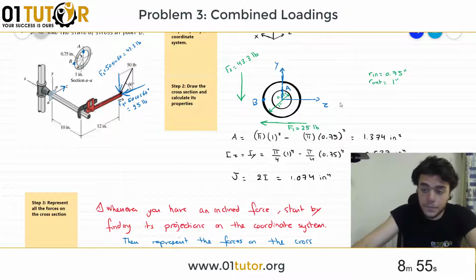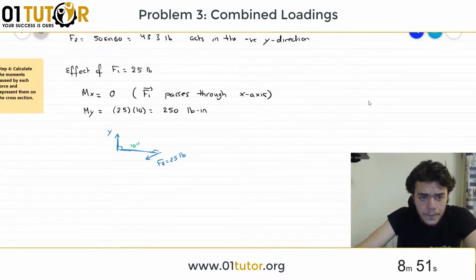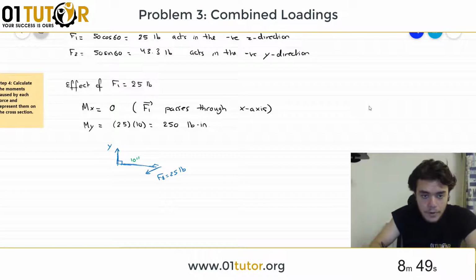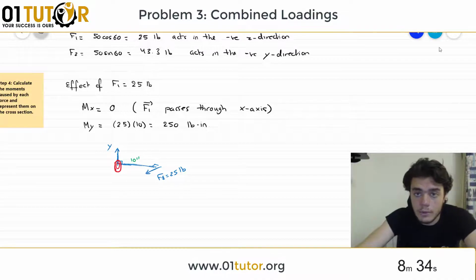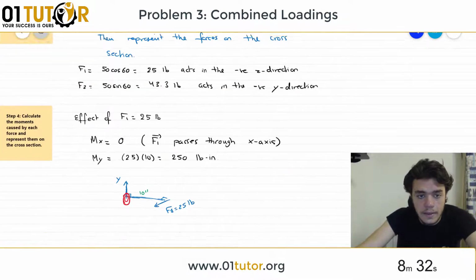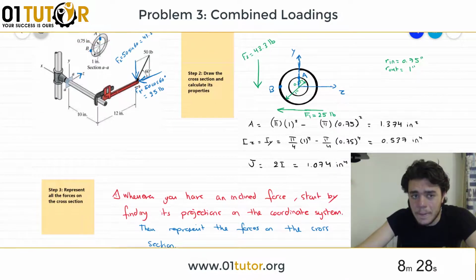How do we know? To know where the force causes compression, we follow the rotation of F1 about the y-axis. Notice in here that we have the cross section like this. It's a hollow cross section, the one that we drew in here. If you want to see it in 3D, it's going to be like this, as if I'm drawing the cross section in plane AA.